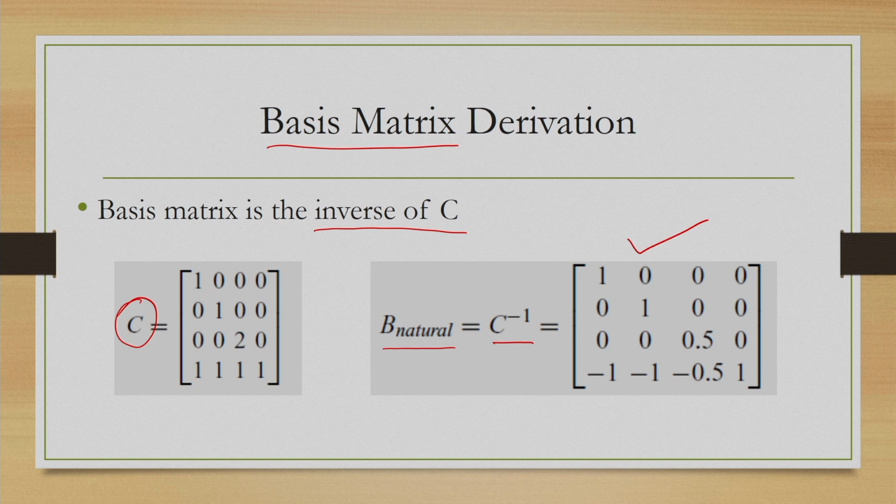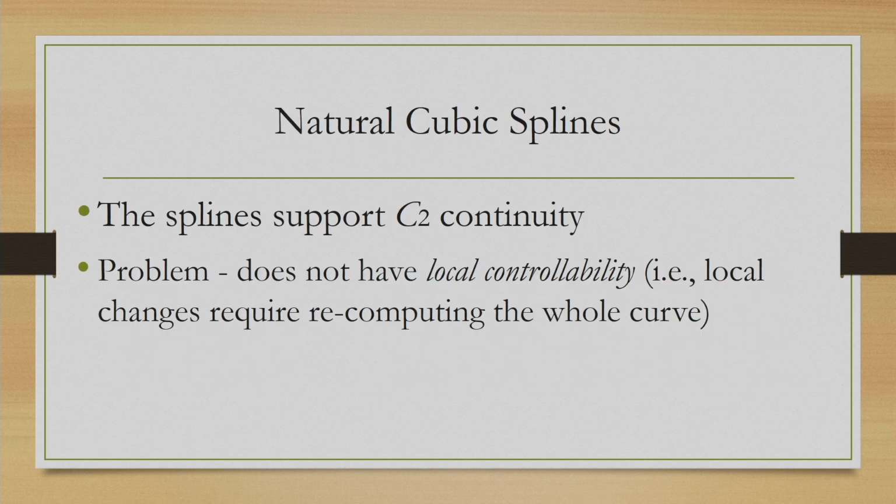So, we will follow that line of argument as discussed in the previous lecture. If we simply use the matrix, then we can say that this is the natural cubic spline instead of specifying the equations or anything.